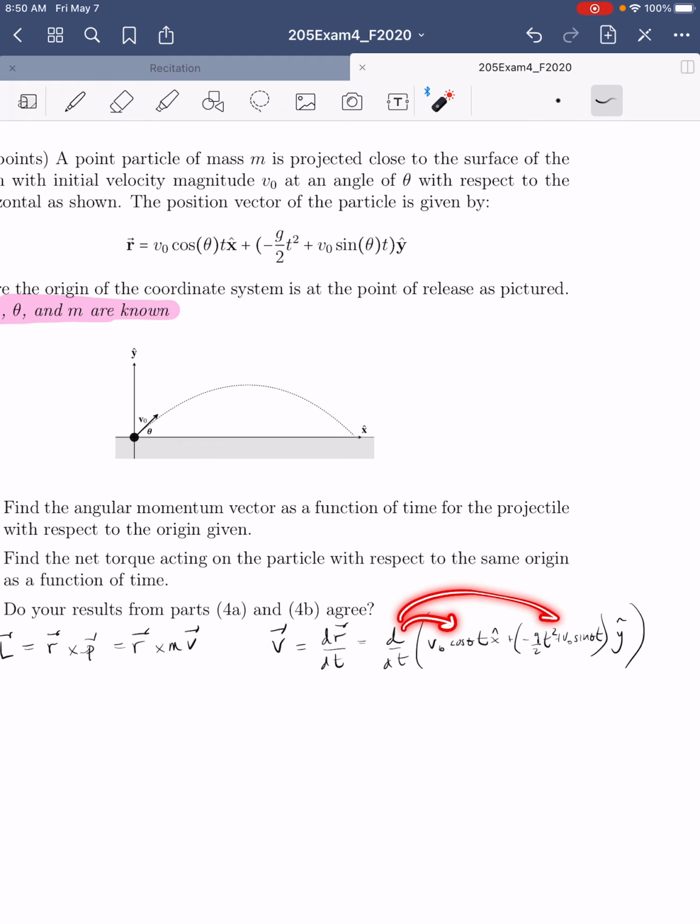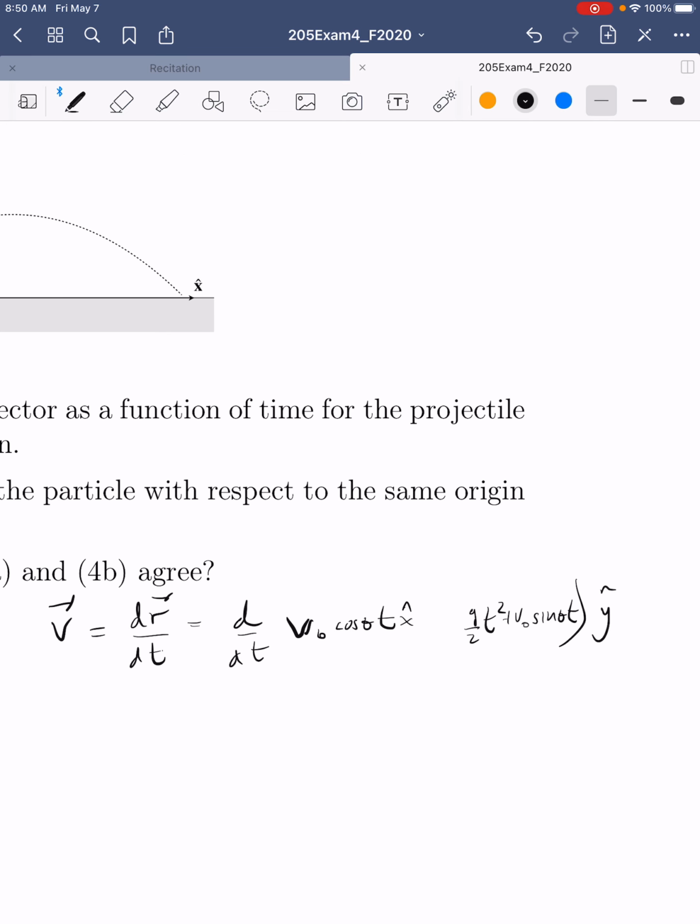So through here and through here. So I'll go ahead and do that. Get rid of these brackets. Just kind of cheating a little bit and throwing that derivative operator in.